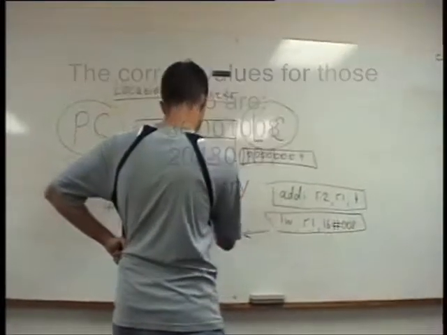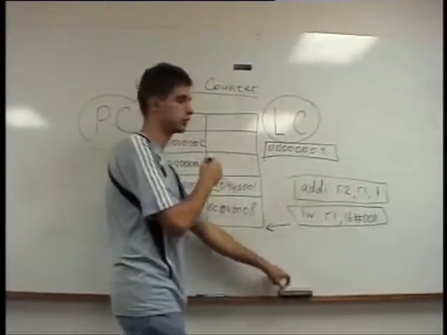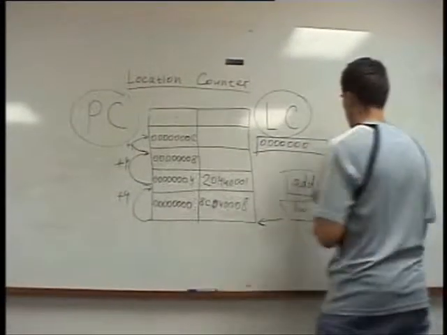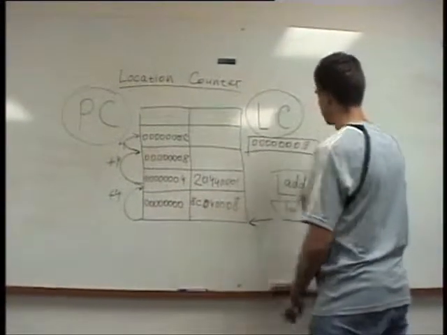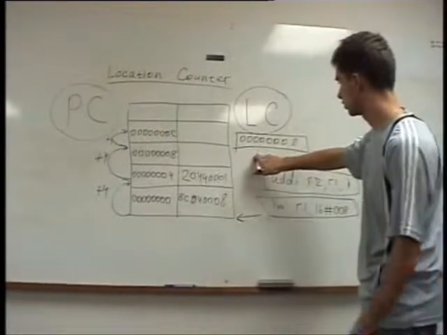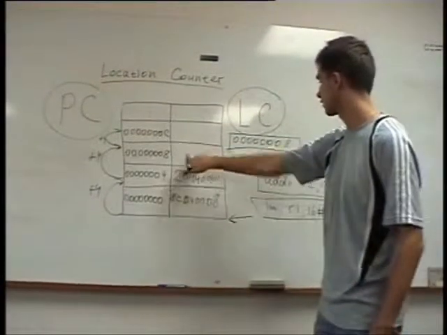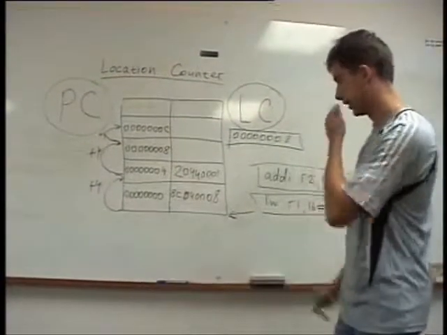That's right, 2, 4, 6. Yep, that should be correct. After it's done that operation, it increments the counter again by 4, and now the value is 8. And now the assembler knows that the next instruction to be translated is at location 008, so it's going to be this location. And so on and so forth.